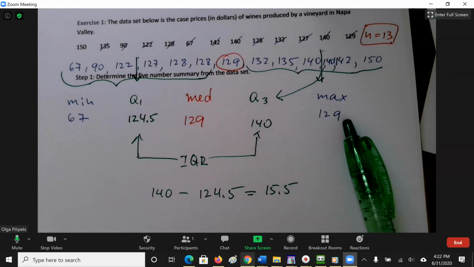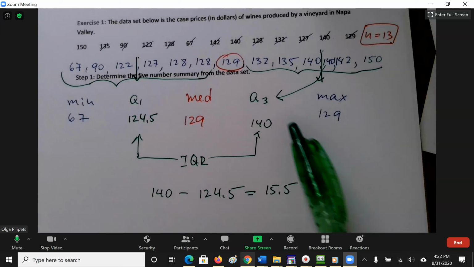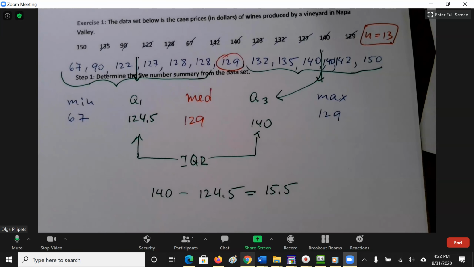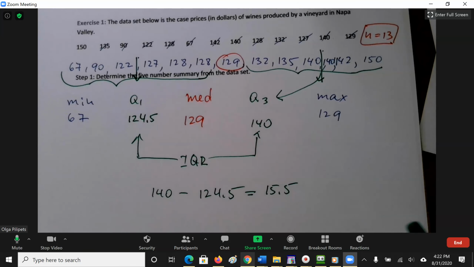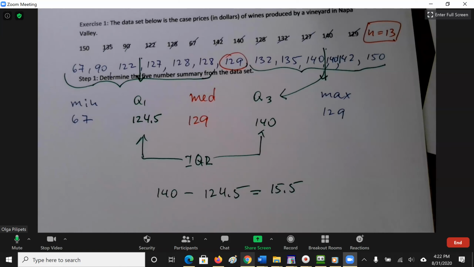So by cutting the bottom 25% out and top 25% out, you're cutting out outliers, so they really don't influence your range as much. As opposed to standard deviation, everything gets calculated in, including the outliers. So it's sensitive to outliers. And this measure of spread is more resilient to outliers and skewed data.